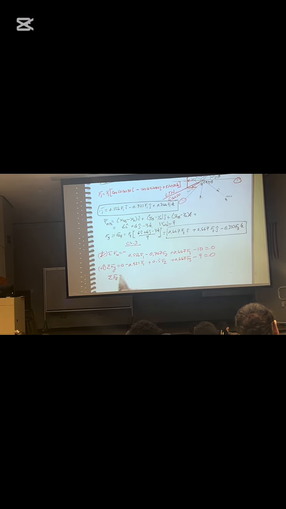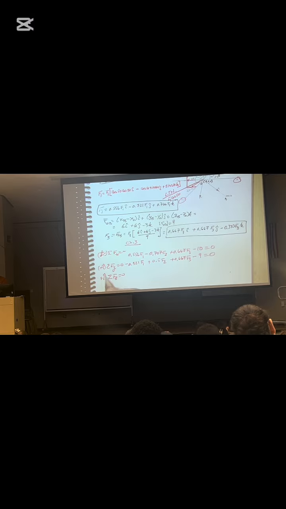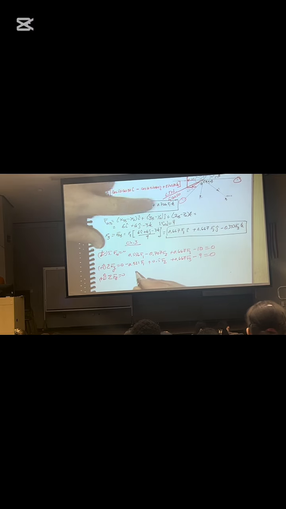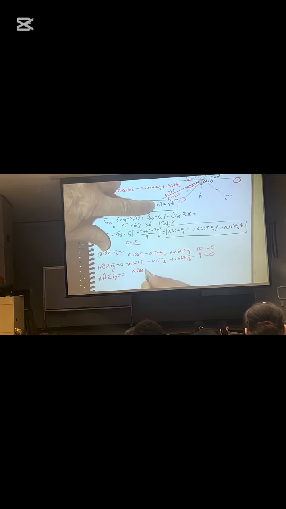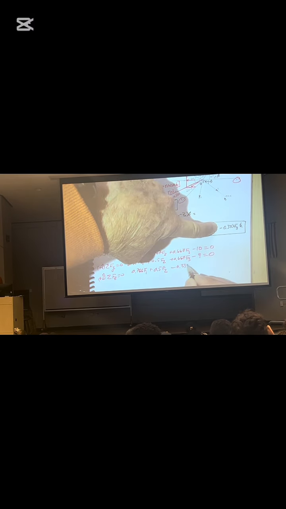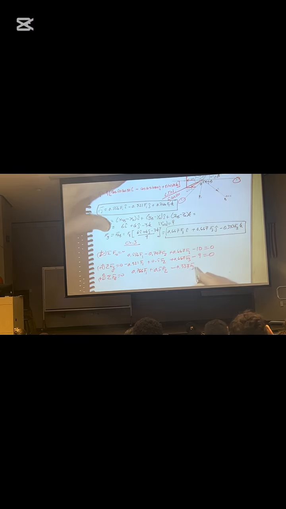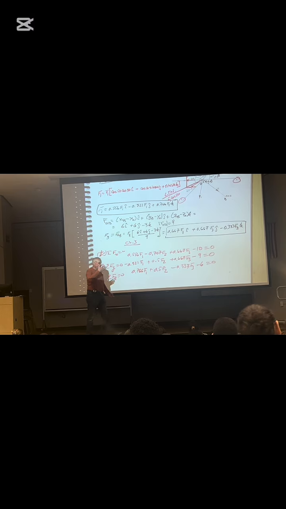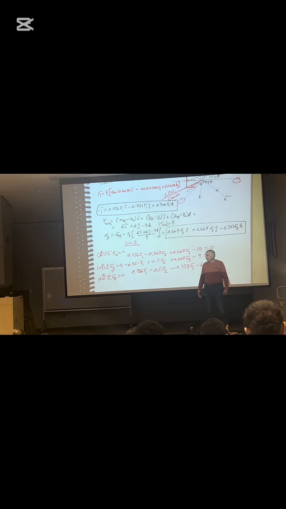Sum of forces in z equals 0, positive straight up: 0.766 F1 plus 0.5 F2 minus 0.333 F3 minus 6 equals 0. And I've reduced myself down to 3 equations, F1, F2, and F3, with 3 unknowns. 3 equations, 3 unknowns, solve.